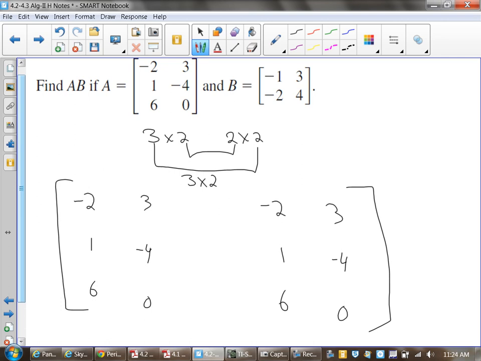Now, all I have to do is start at the top left of the other matrix and start filling in the columns. And remember, I'm working downward here. And then 3s and 4s.